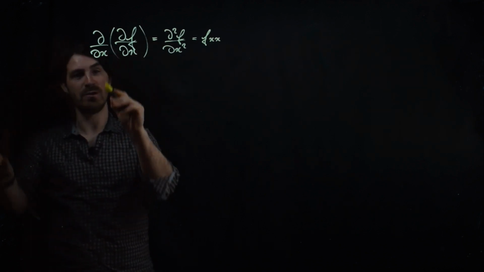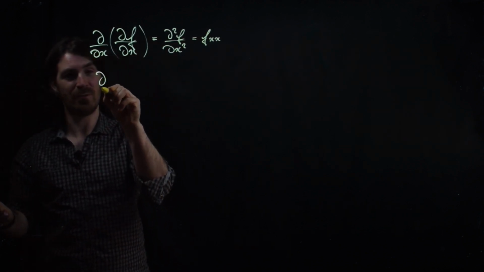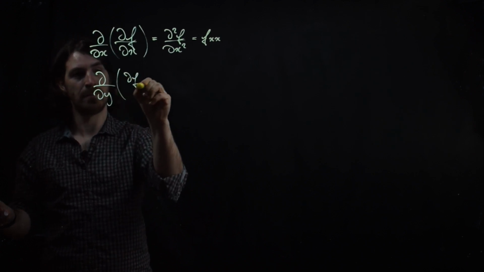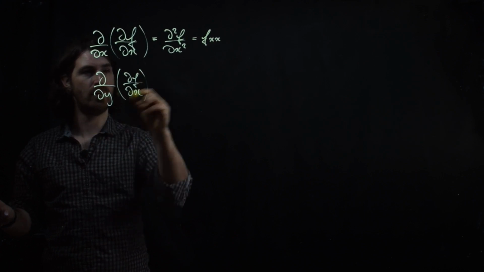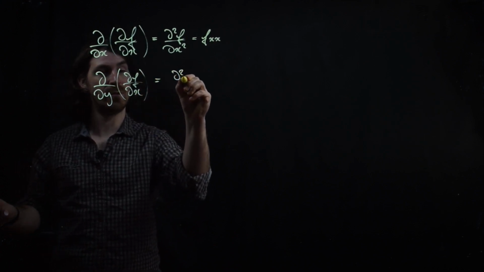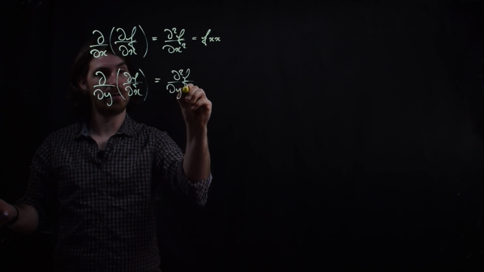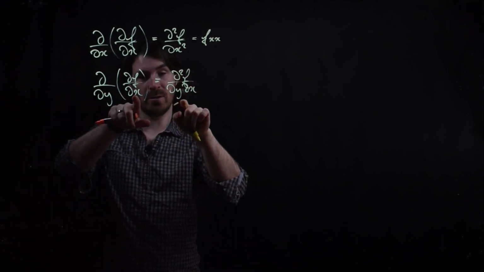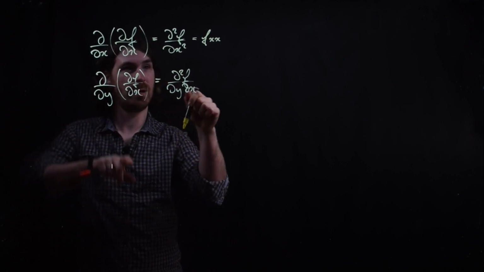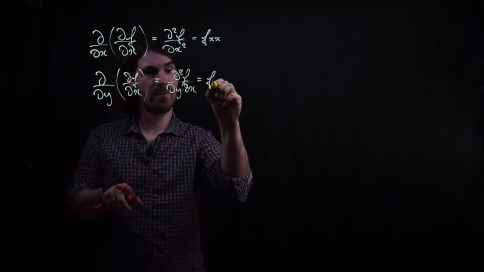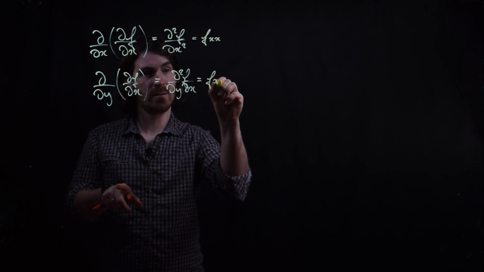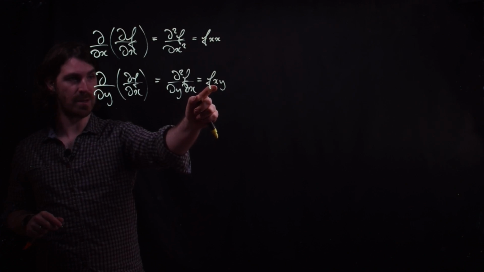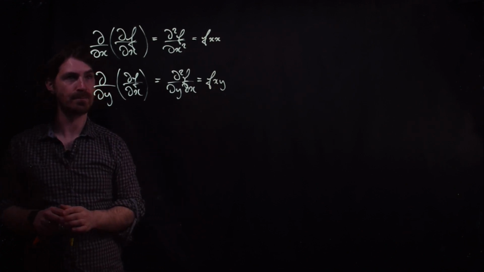We can also do the partial derivative with respect to y of df by dx, and we write this as d2f by dy dx. The derivative with respect to x comes first, and then y. We can write this as fxy: partial derivative with respect to x first, and then with respect to y.